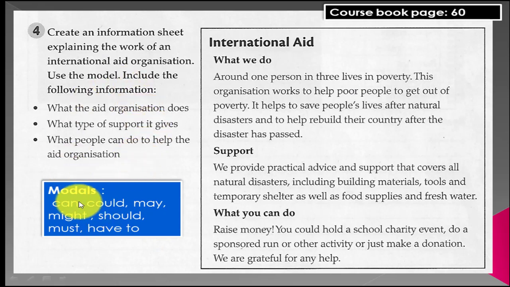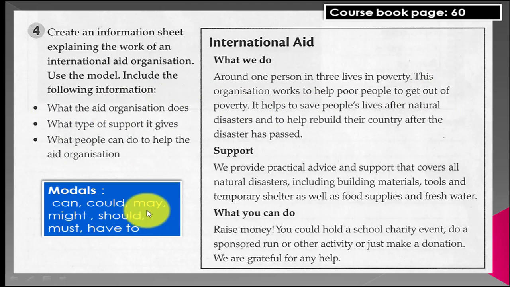I'll give you an example. Here, look, around 1 person in 3 lives in poverty. This organization works to help poor people to get out of poverty. So here we have information: help poor people to get out of poverty. You can say here what the aid organization does. You can write this sentence: the aid organization could help poor people to get out of poverty. So you write one sentence using a modal.